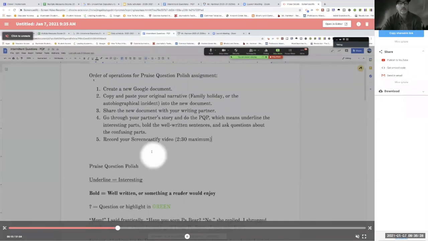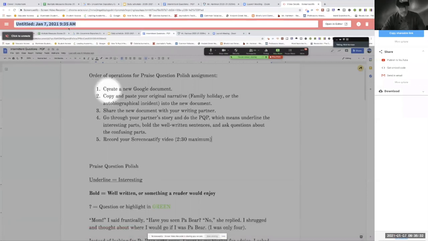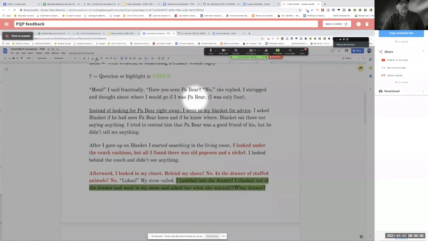But from this point on, what you'll need to do is go up here, title the assignment, PQP feedback for, and then whoever your partner is.